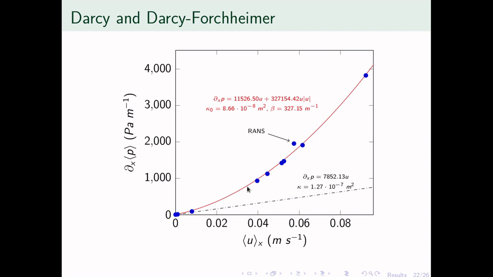And here you have in red the calculations from the Darcy-Forchheimer equation. You can see here that the order of magnitude of the permeability is lower, and there's a constant deviation which grows larger from Darcy's law as the flow velocity increases.